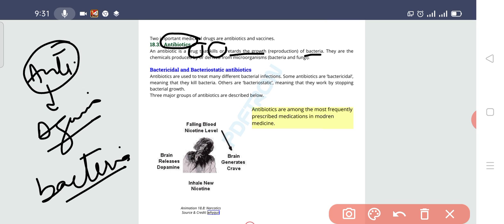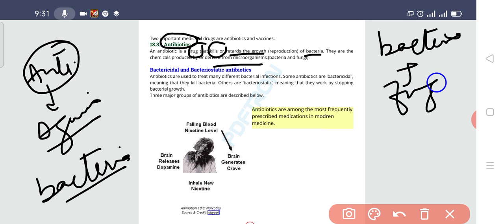These chemicals are mostly derived from microorganisms like bacteria or fungi. Where are we getting this kind of antibiotic from? Mostly we are getting these antibiotics from the bacteria plus from the fungi. So there are two types of antibiotic, bactericidal and bacteriostatic. Bactericidal. Do you know the meaning of cidal?